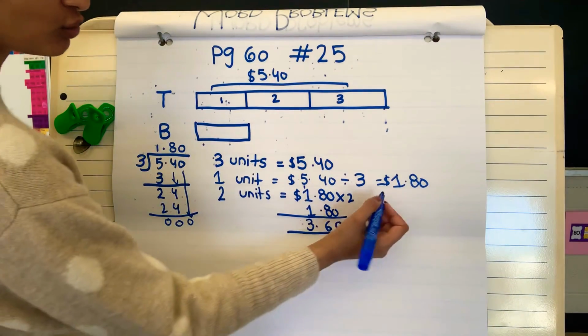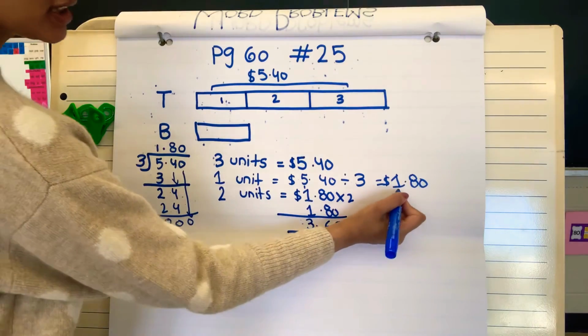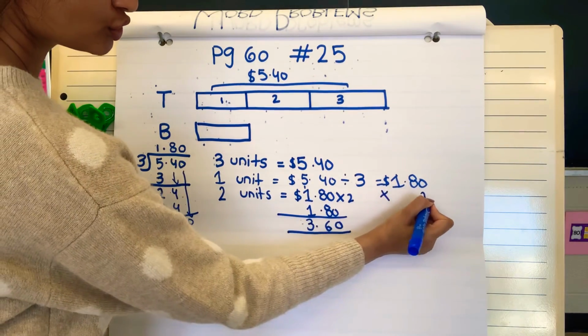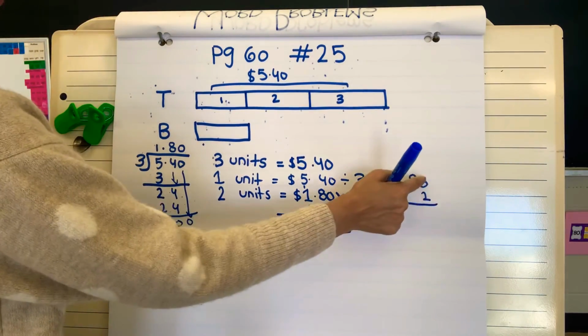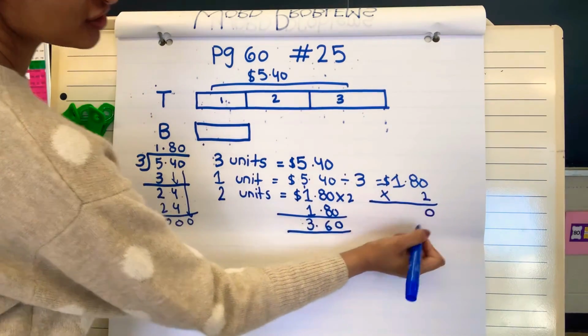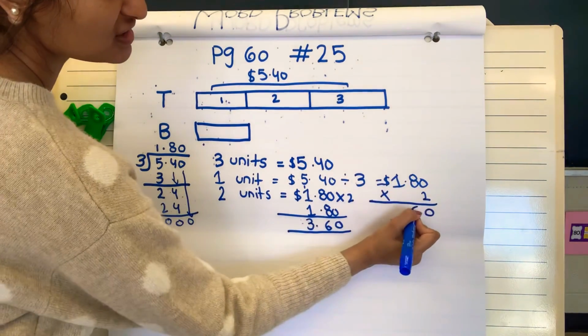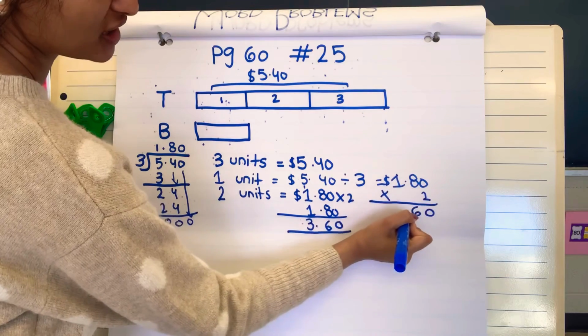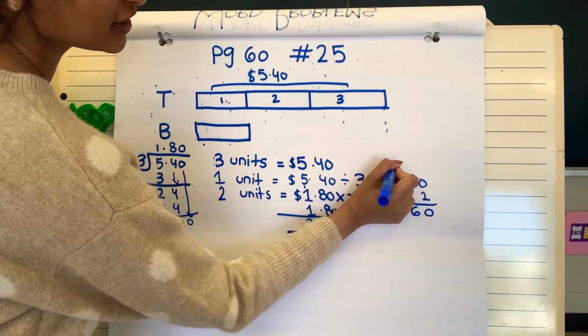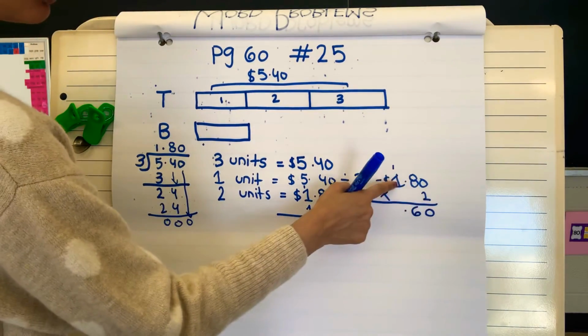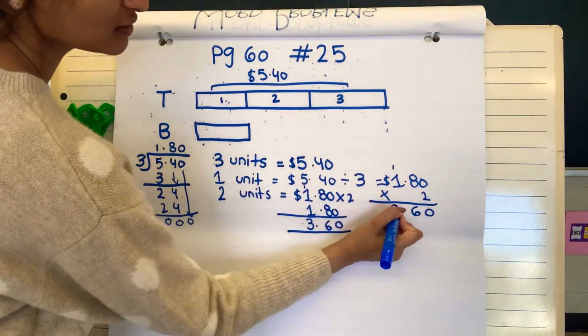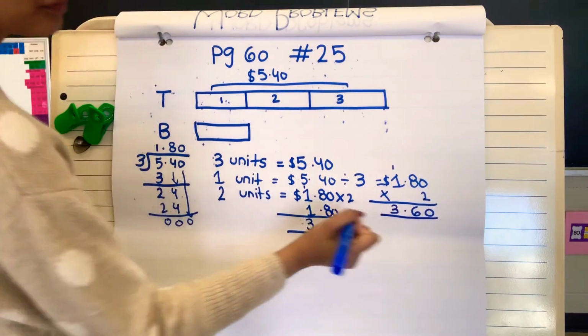So I have $1.80. I'm going to multiply it by 2. 2 times 0 gives me 0. 2 times 8 gives me 16. Not forgetting my decimal. Carrying over my 1. 2 times 1 gives me 2, plus 1, 3. Okay?